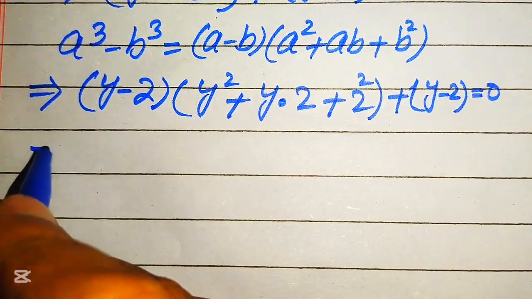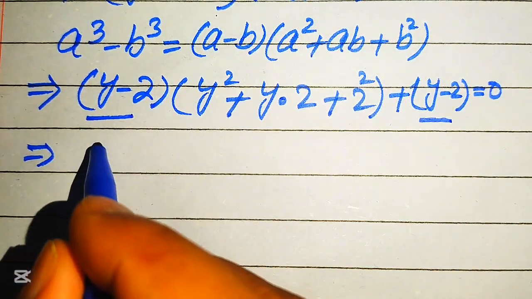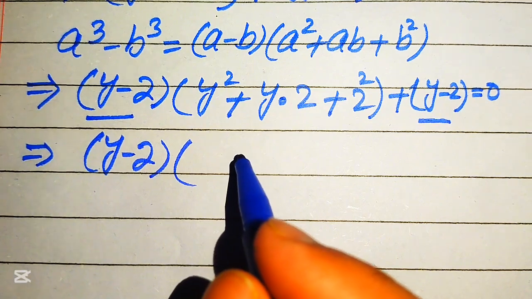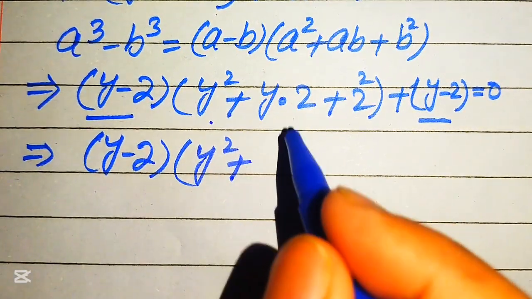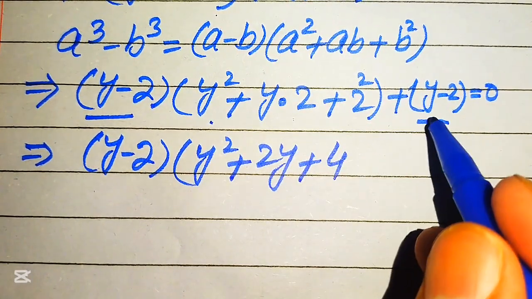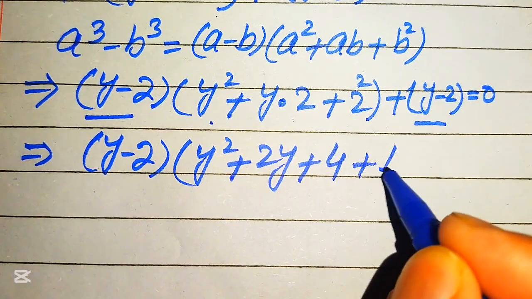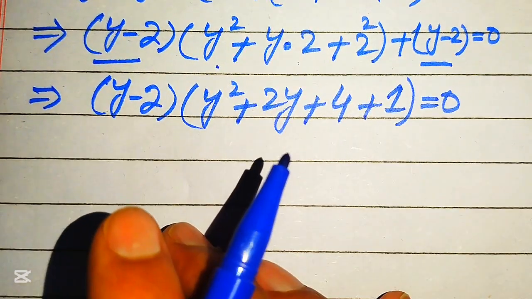And now you focus on both of these terms, and you see that we have y minus 2 as the common term, so we take common y minus 2 and get the remaining values. From here we have y squared, and 2 times y, and 2 squared becomes 4, and when we take common this y minus 2, we get plus 1, and this whole equation equals 0.